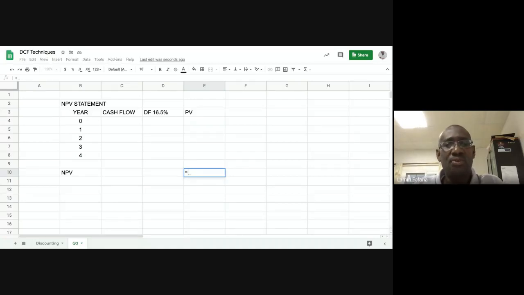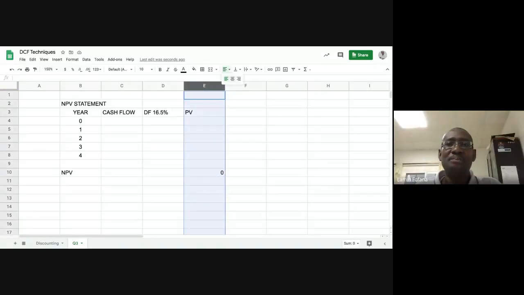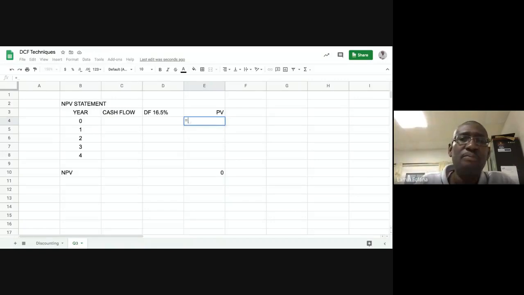So we'll say equals, you can do your sum, and you start from here to year 4, and then you close your bracket, you enter. Okay. You got it now? Yes, sir. Roger on that? Roger that. Okay. So we just align the numbers to the right. Okay. So what will be our PV? Our PV will be our cash flow multiplied by our discount factor.